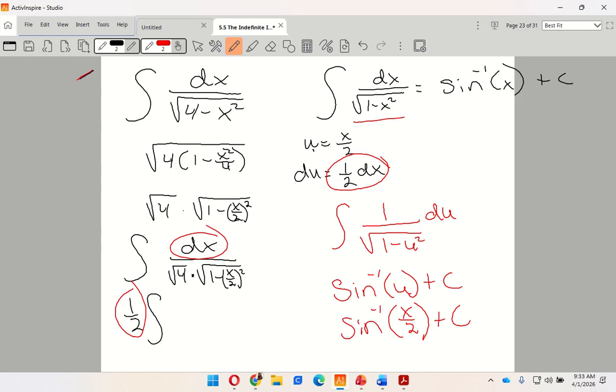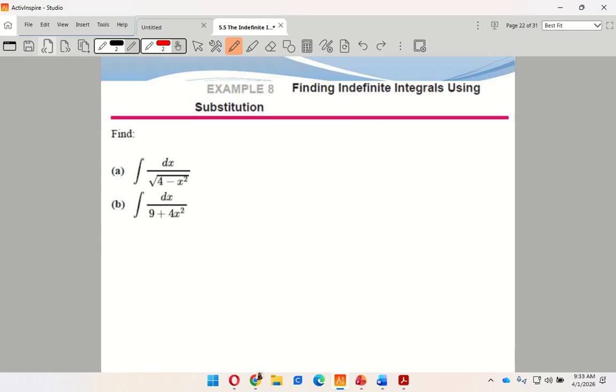Kind of weird, right? So let's go back to this one. What does this one kind of look like? Arc tangent. So let's see.